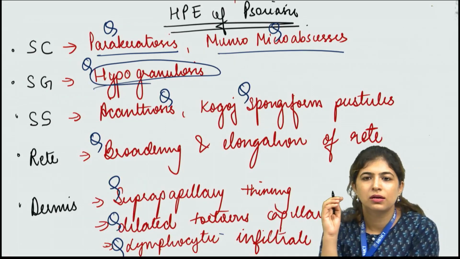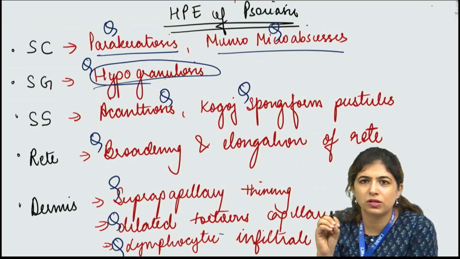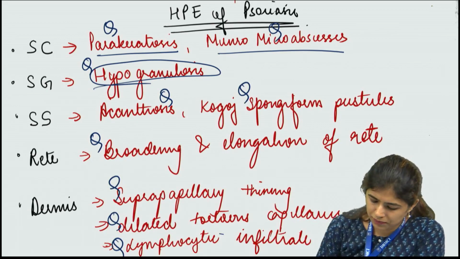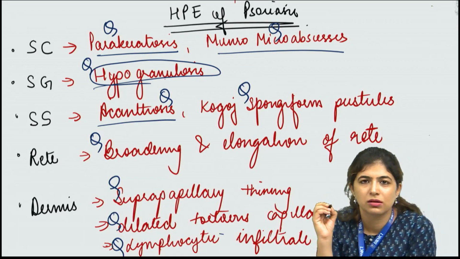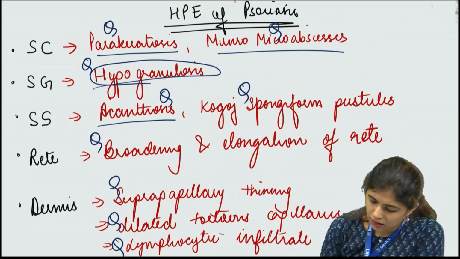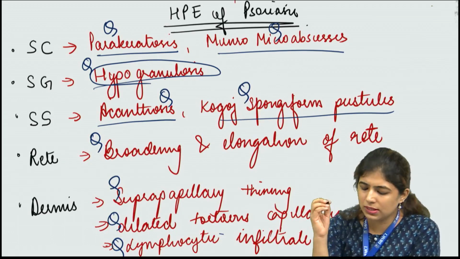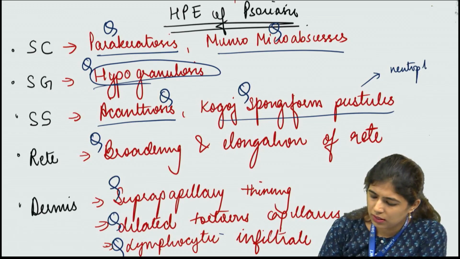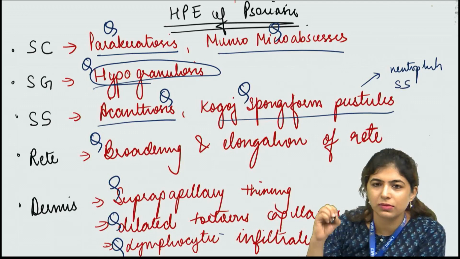Hypogranulosis, most classical example of a disorder showing decreased or absent granular layer is psoriasis. Acanthosis means increased thickness of stratum spinosum. Kogoj pustules, we've already discussed, but just remember, neutrophils present in stratum spinosum.